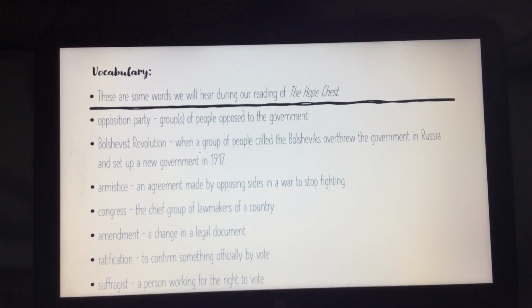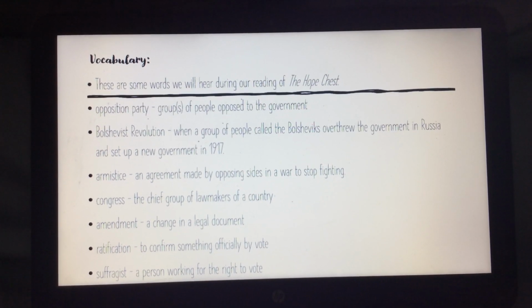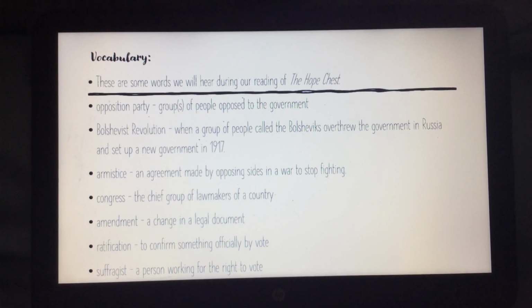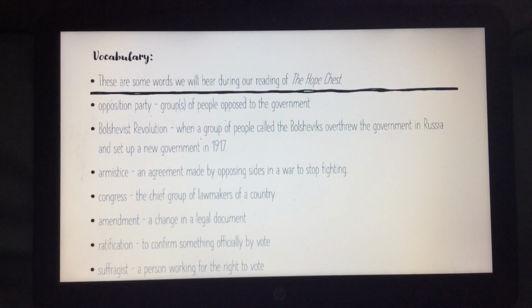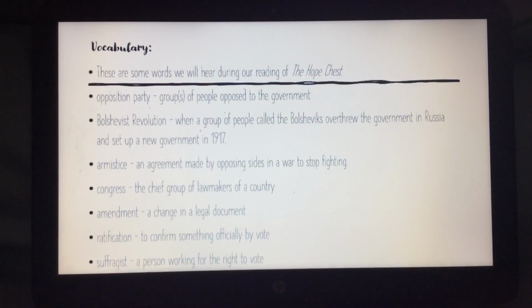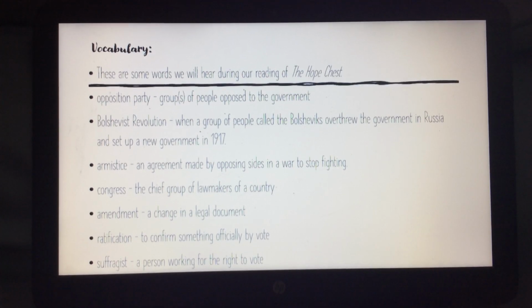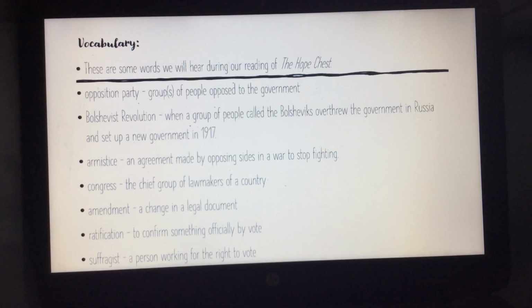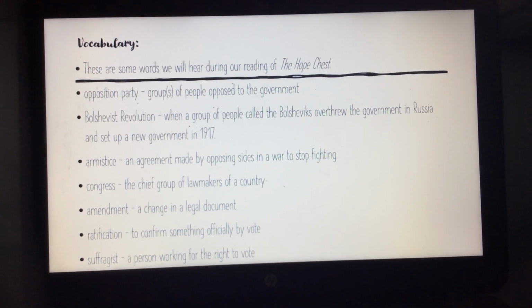Armistice is an agreement made by opposing sides in a war to stop fighting. Congress, the chief group of lawmakers of a country. Amendment, a change in a legal document. Ratification, to confirm something officially by vote. And suffragist is a person working for the right to vote.